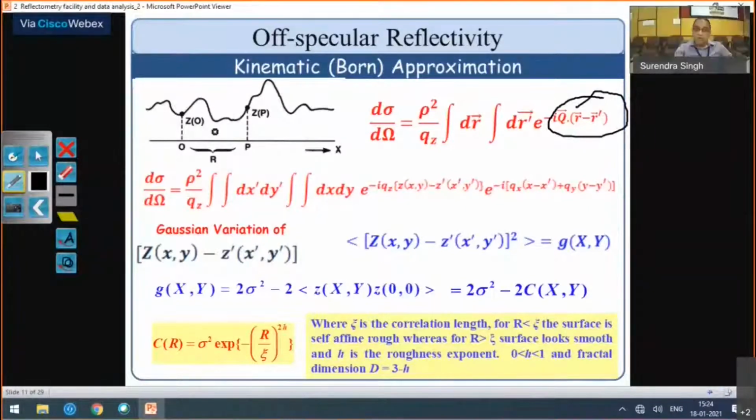That they follow the Gaussian roughness, Gaussian variations. If this parameter z minus z dash follows the Gaussian, we can redefine these whole things like g(x,y) as 2 sigma square minus 2. Here this sigma is the actual height variation.